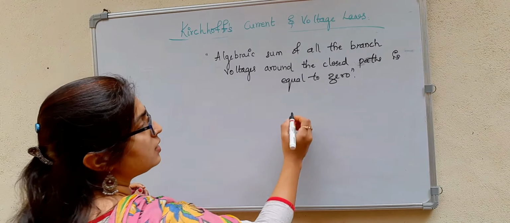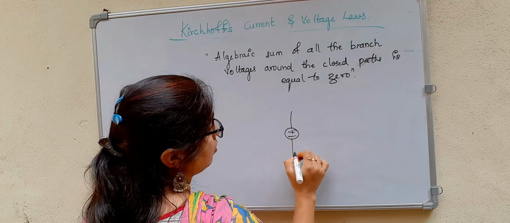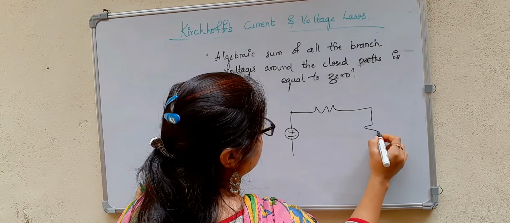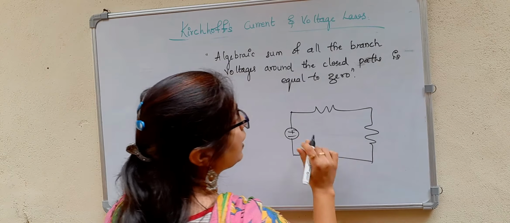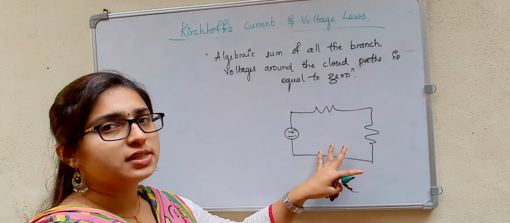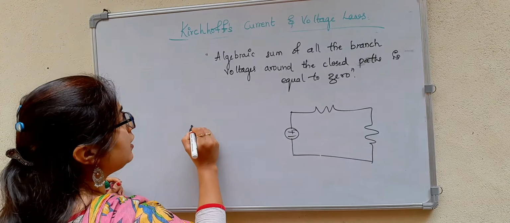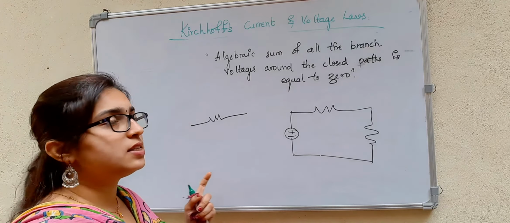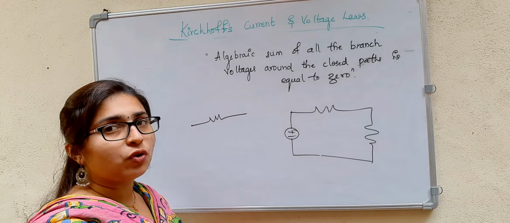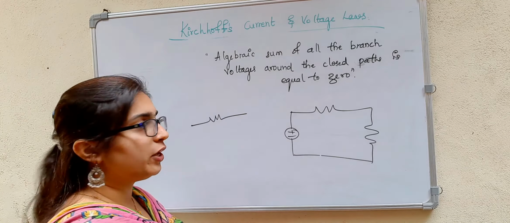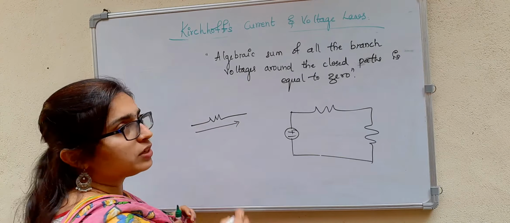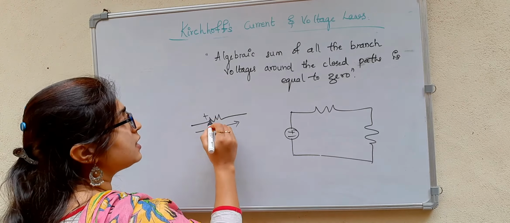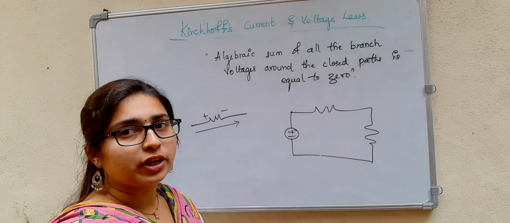So we can consider a circuit like this. Now we have to apply Kirchhoff's voltage law to this circuit. Before that, you should know the sign convention of the voltage drop across the resistor. Current flows from higher potential to lower potential. So when current flows like this, we consider this end as higher potential and this as lower potential.